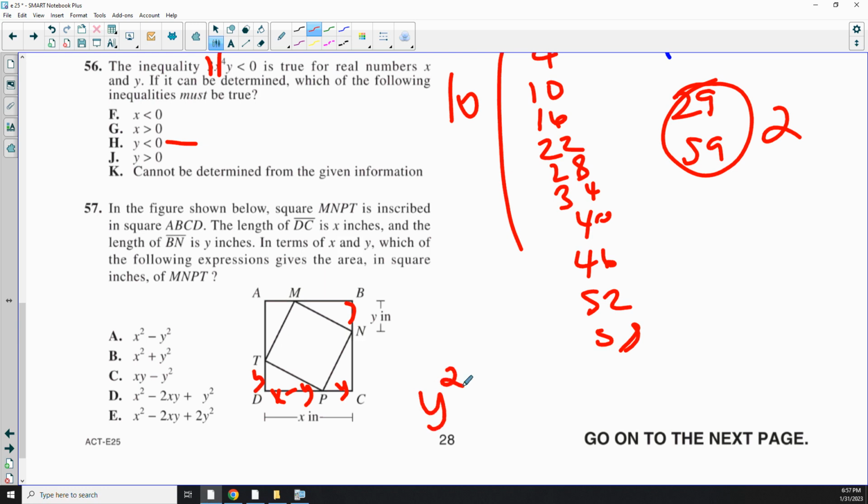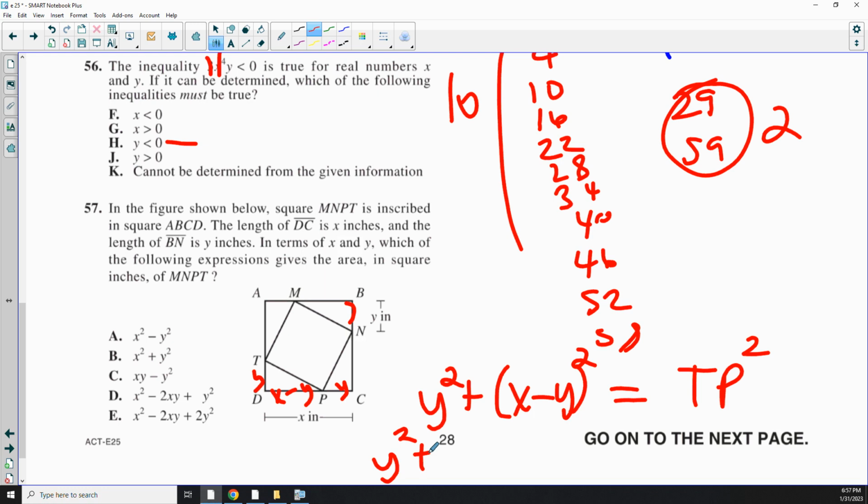We go y squared plus x minus y squared equals the side squared. So it'd be y squared plus FOIL, x squared minus 2xy plus y squared. That's equal to the side TP squared, huh?